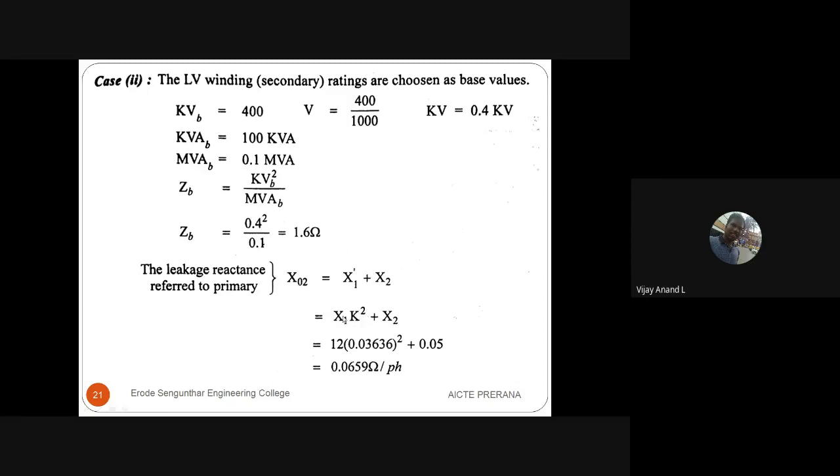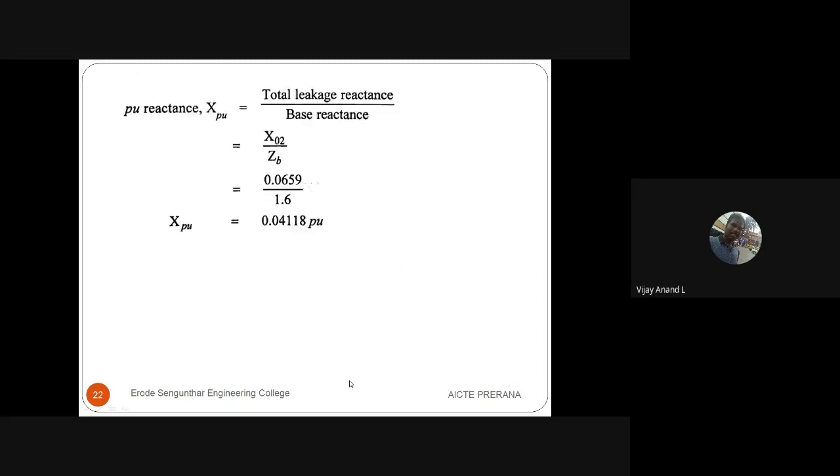Here we have to multiply by K, whereas in the last case we divided by K. So X1 into K square plus X2: X1 is 12 and K is 0.0363, the whole square, plus X2 which is 0.05. Finally we get 0.0659 ohm per phase.